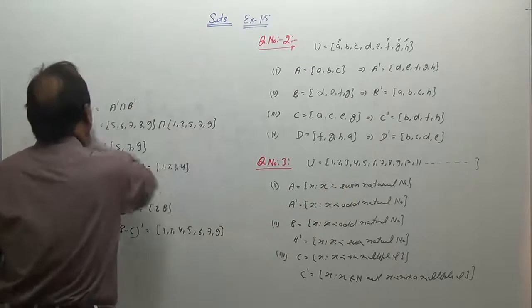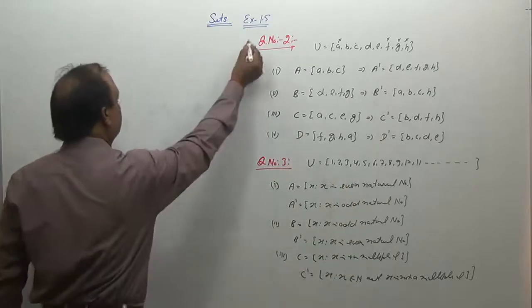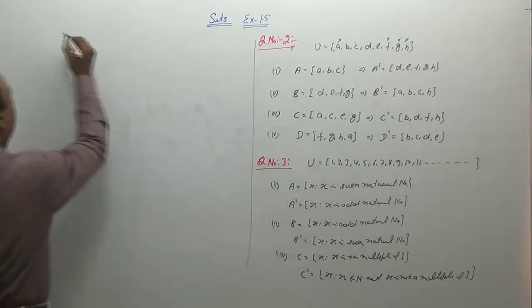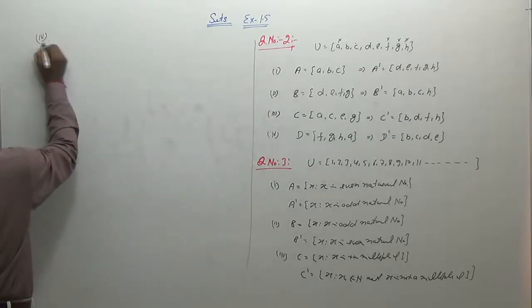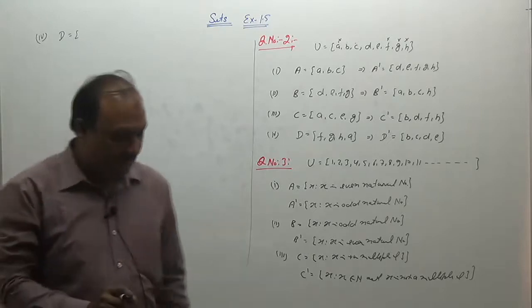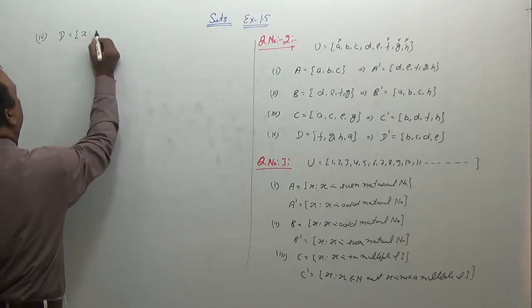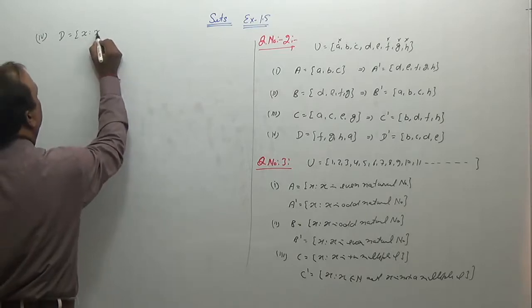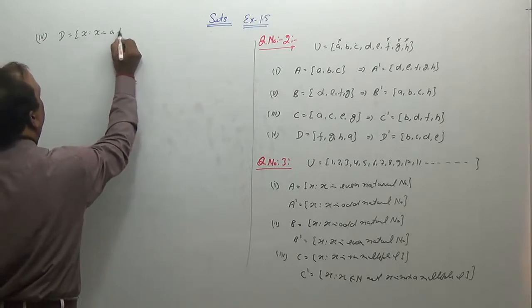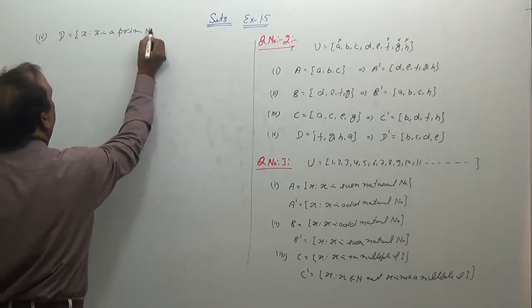Next is the fourth case. Let us suppose this one is the set D, X such that X is a prime number.